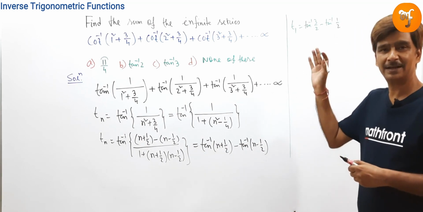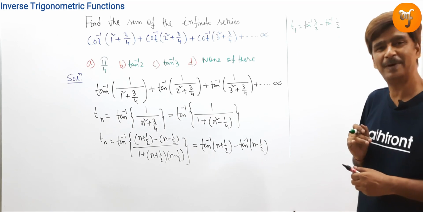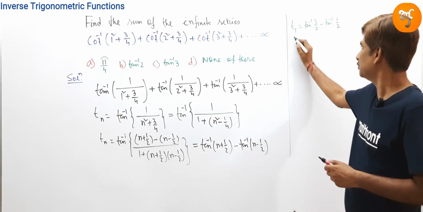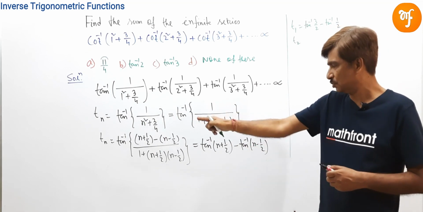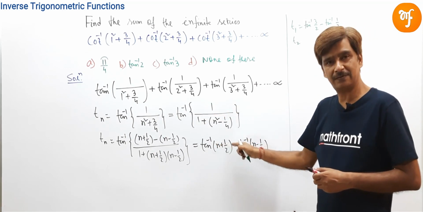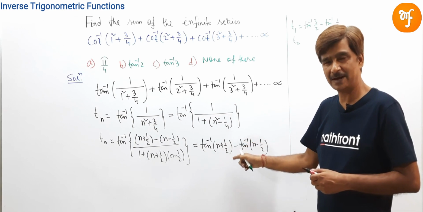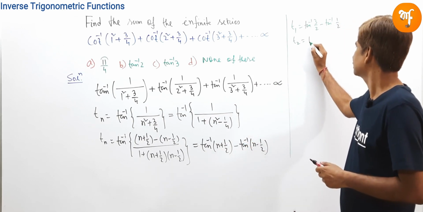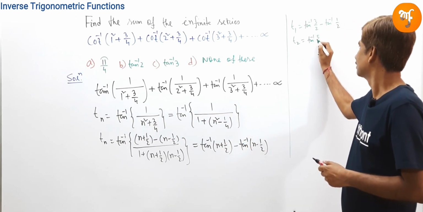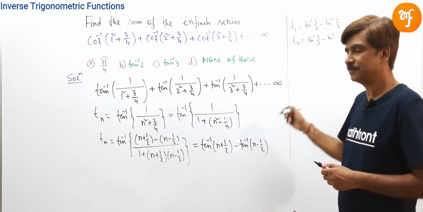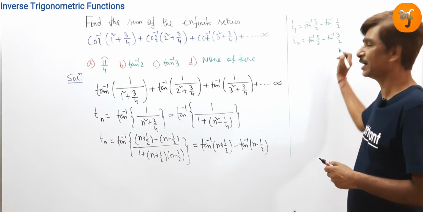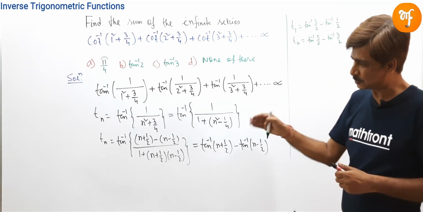Okay, so we get T1 as tan inverse of 3 by 2 minus tan inverse of half. Now if we substitute n by 2 in this given identity, so T2 will be tan inverse of 2 plus half, that is tan inverse of 5 by 2, minus tan inverse of 2 minus half, that is 3 by 2. Okay, clear?